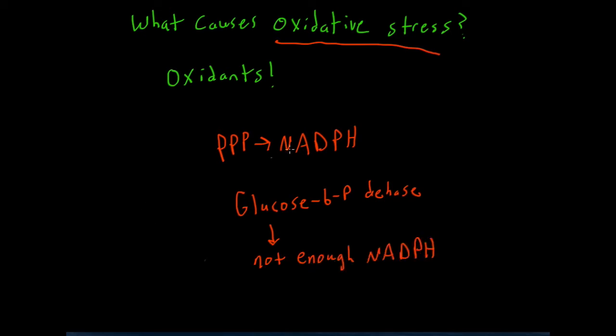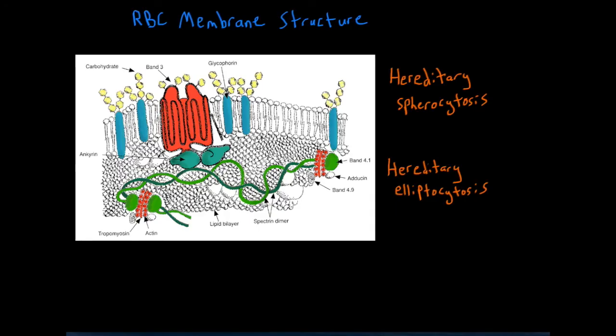So in cases when our glucose 6-P dehydrogenase isn't producing enough NADPH, we would call this a G6PD deficiency. This would cause oxidative stress and we would get cyanosis.